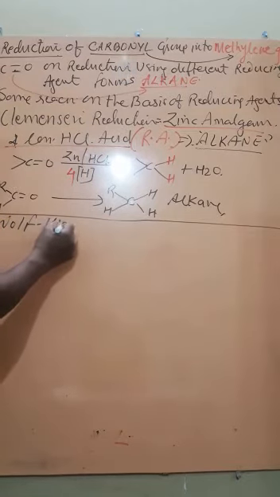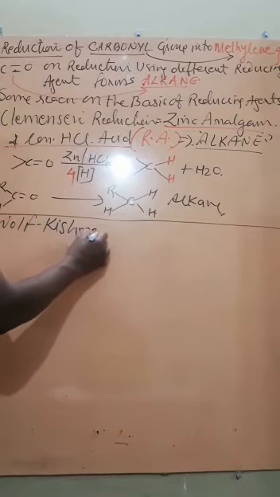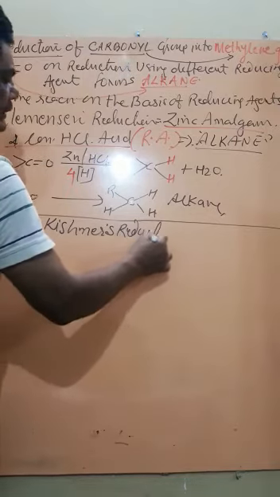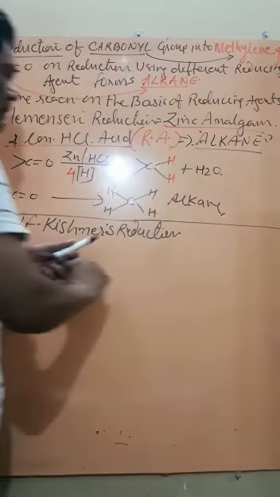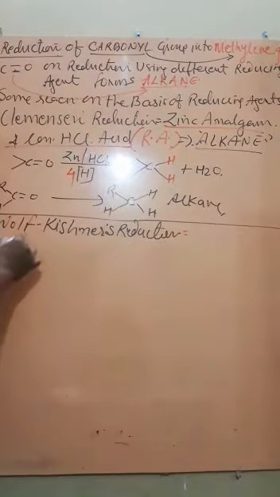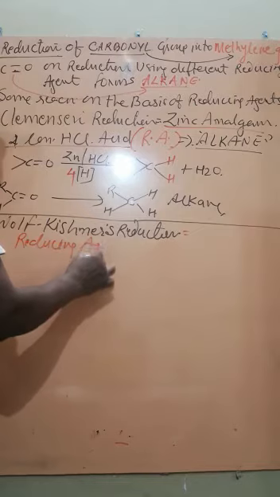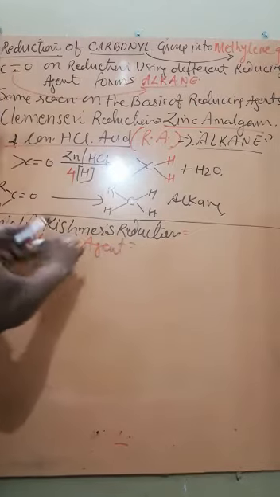Number 2, this is called Wolff-Kishner reduction. Wolff-Kishner's reduction. Getting? In this reaction, the reducing agent used is what?